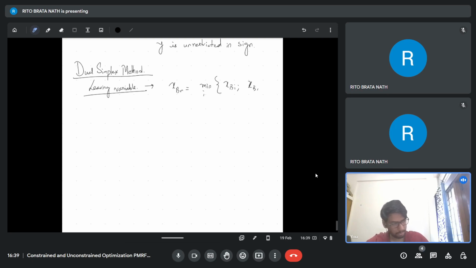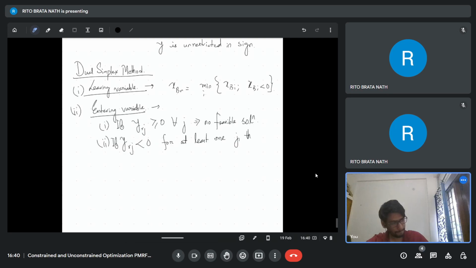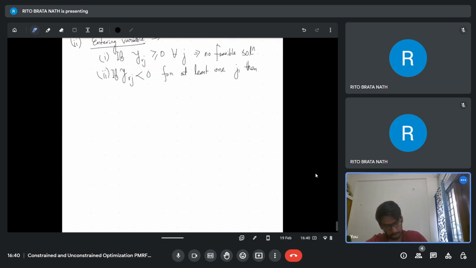And yeah, we'll see more of it when you solve a problem. If yRj is less than 0 for at least one j, then you have to compute zk minus ck divided by yrk equals max of zj minus cj divided by yrj, such that yrj is less than 0, right?